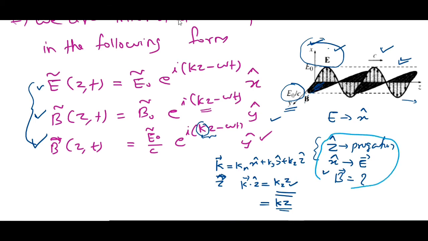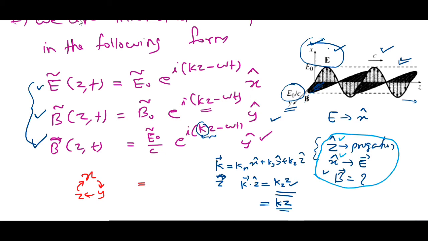In finding out the magnetic field, if the propagation direction and the electric field direction are given, we have x, y, z. That is, x cross y is z, z cross y is x, cyclic order.